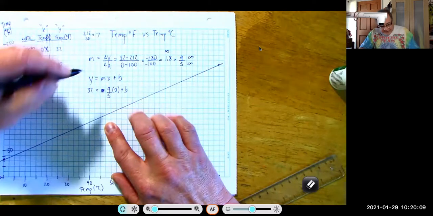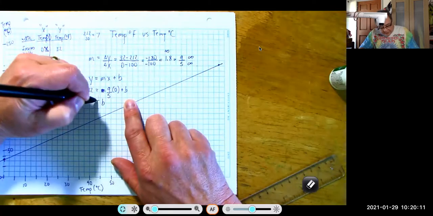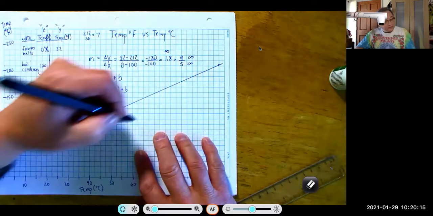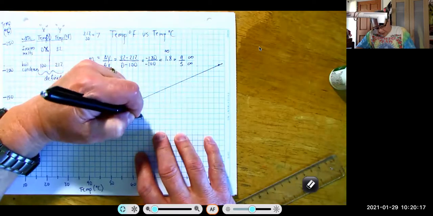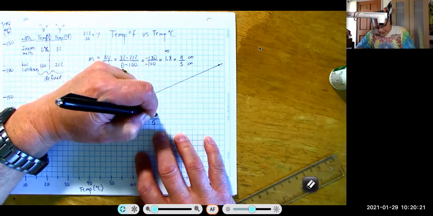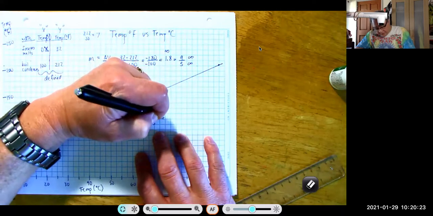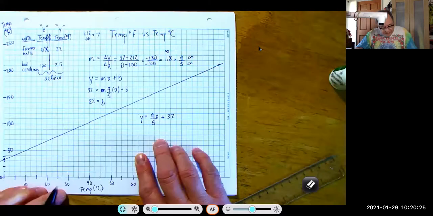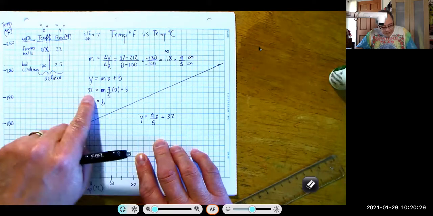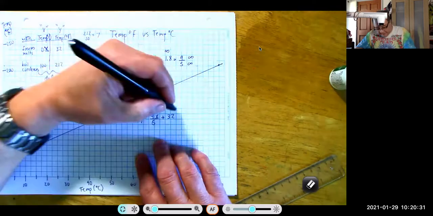So you can see that in this case, b is equal to 32. So our equation actually ends up being y is equal to 9/5 x plus 32. And how many significant figures are in this 32? Well, that 32 is defined, so this is infinite.